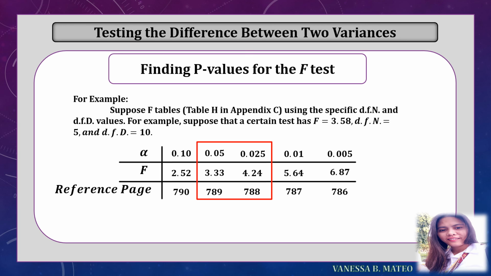Hence, the p-value for a right-tailed test for F of 3.58 falls between 0.025 and 0.05. And the p-value obtained from the calculator is 0.0408. But this is only for a one-tailed test.